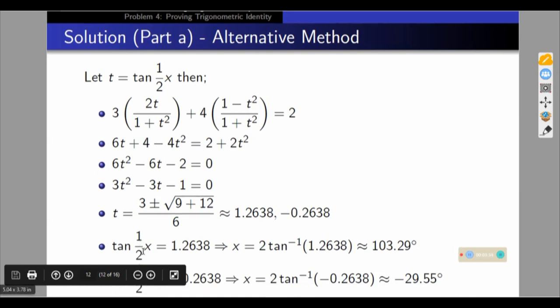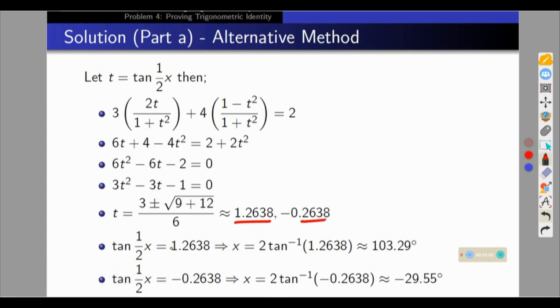t is tan a half of x. So if we get our t equaling to that, or t equaling to that, then it means tan a half of x is equal to this, or tan half of x is equal to that. So if you have tan of a half of x equal to this, it means a half of x is same as tan inverse of 1.2636.